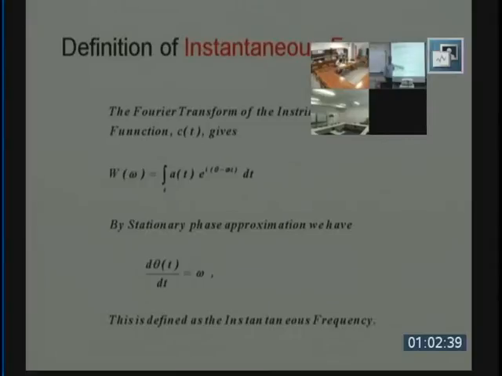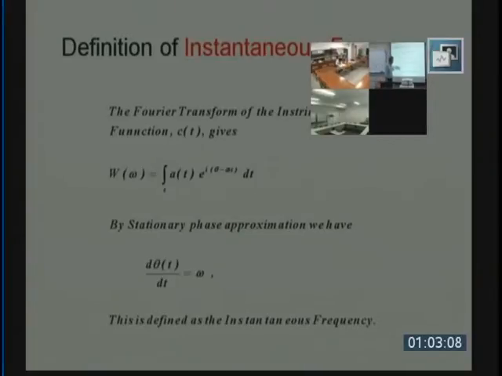This is the classical wave definition of frequency: the time derivative of the phase function is your frequency. So the time derivative of phase as our frequency is satisfied with stationary phase approximation. Stationary phase is an asymptotic expansion method that is very well established.